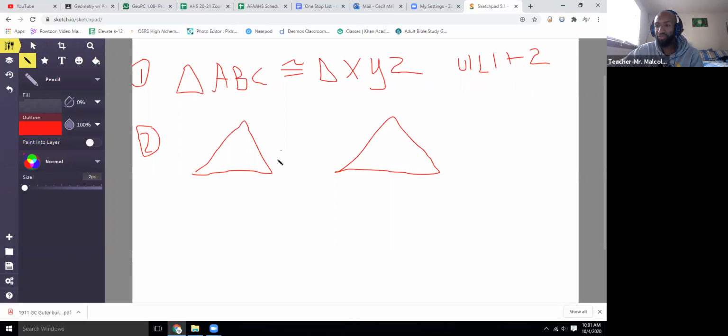Okay, so if you are given this angle, let's call this triangle ABC, and this triangle DEF. Okay, said that these two angles are congruent. Okay, also said that this angle and this angle are congruent.